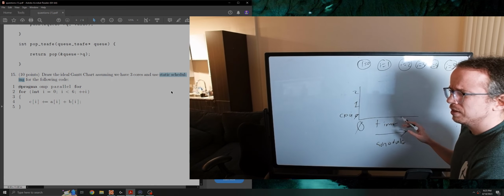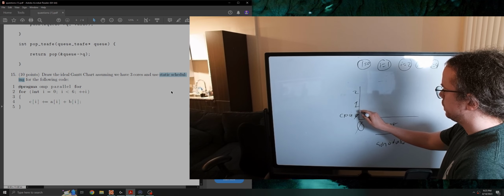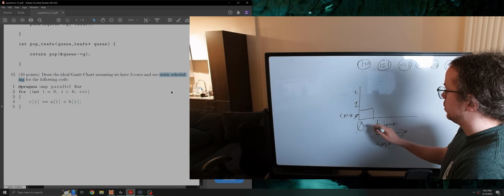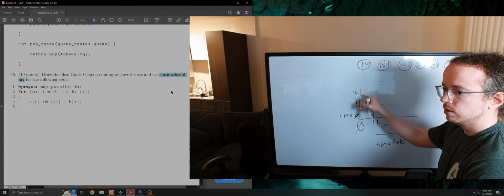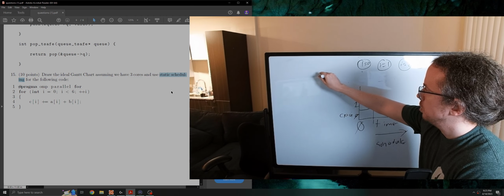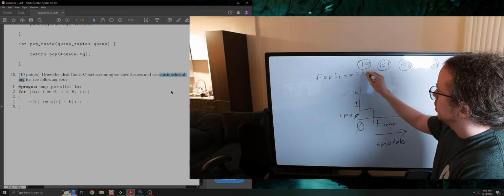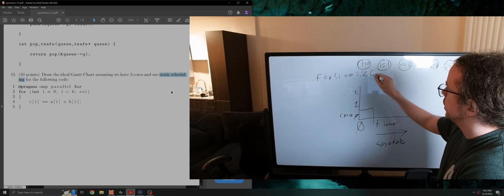I think this was either the problem we did in class or it was very similar to it. If we assume each one of these takes a time of 1, then we can just start picking tasks to schedule. To be static, you want to put the closest tasks together.